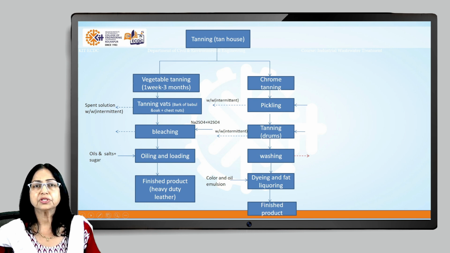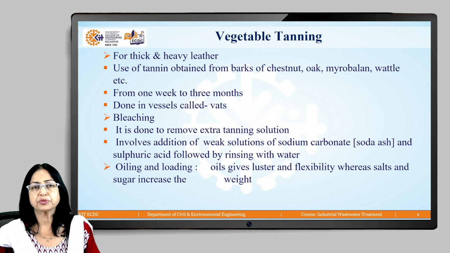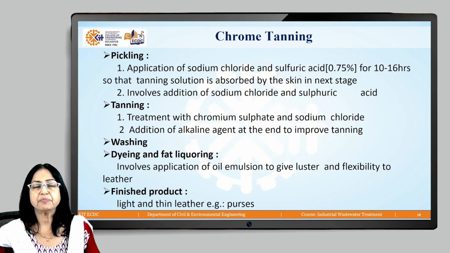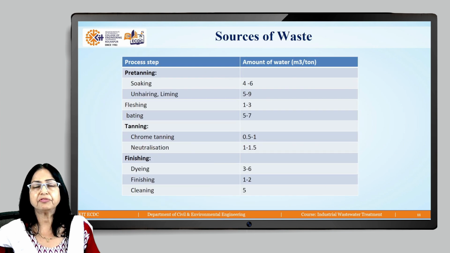Okay. So this is the manufacturing process, and as I said, the pre-process is the same, but the main process, chrome and vegetable tanning, are different and different materials are used. A lot of water is used for different purposes in the pre-tanning and tanning process.